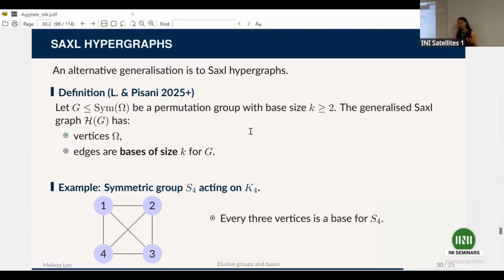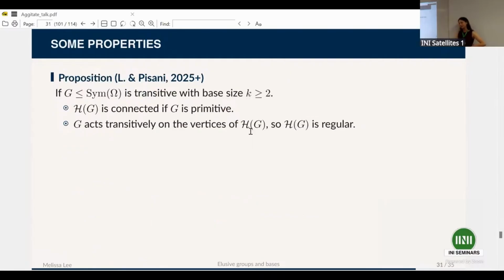So every 3 vertices, this is the same example from before, every 3 vertices is a base for S4. And so this hypergraph has edges just all the 3-subsets of 1 up to 4. Okay, so hopefully my TikZ skills will get better by the time my next speakers talk and I'll be able to have a more accurate diagram. But anyway, hopefully it's not too difficult to imagine.